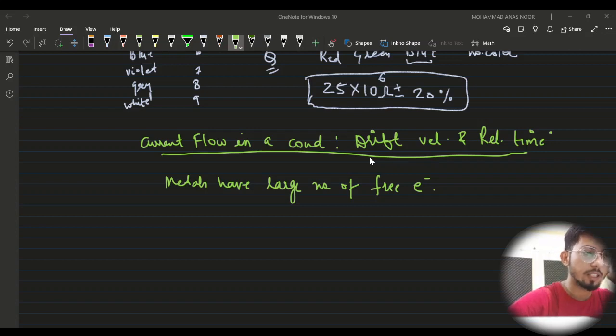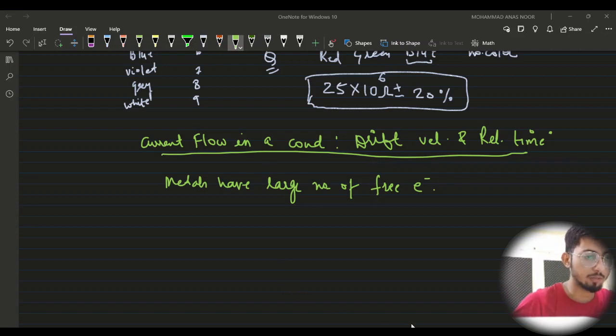So they are in random motion, like electrons may go from one place to another to minimize their energy. At room temperature they move with a large velocity, and these velocities are distributed in all directions.